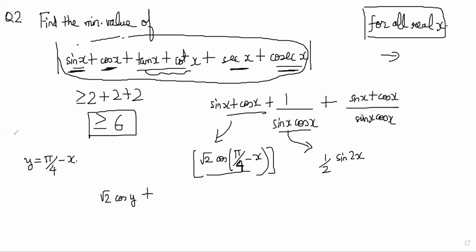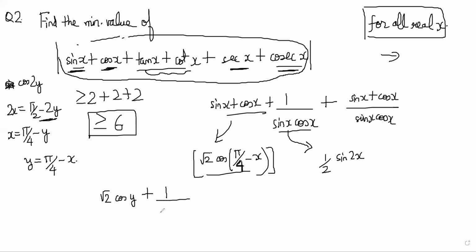What is 2x here? x is equal to pi by 4 minus y, so 2x is equal to pi by 2 minus 2y. So sine 2x will be sine of pi by 2 minus 2y, which will be cos 2y.